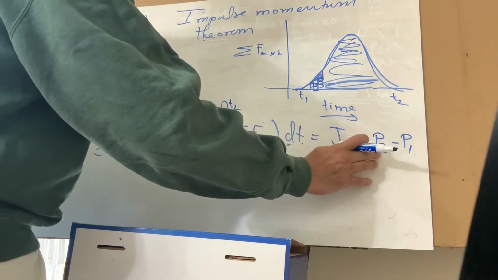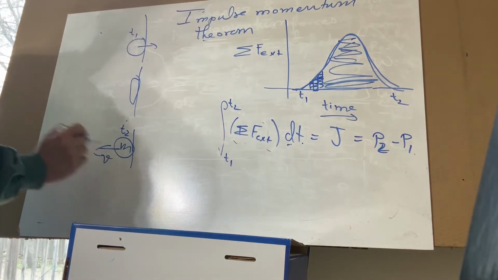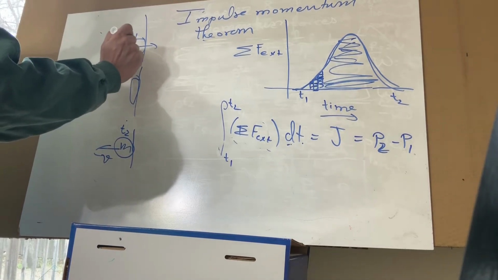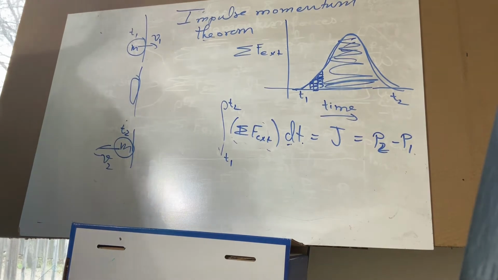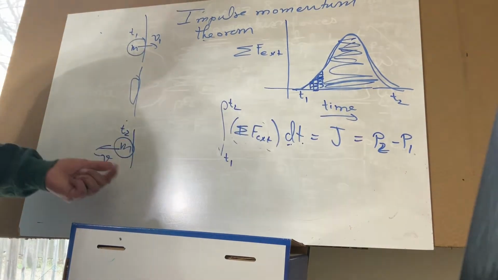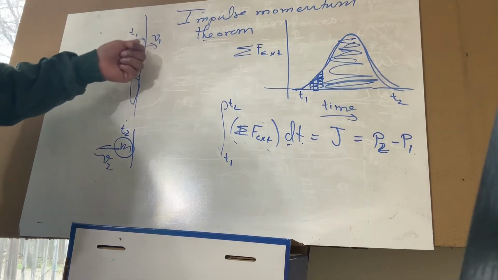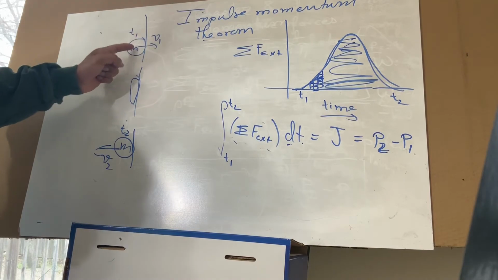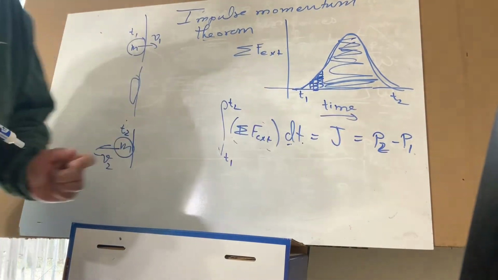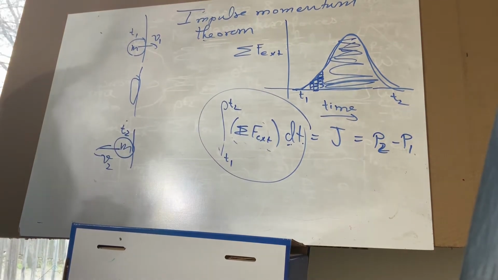I know the mass of the object, and I know the speed before and the speed after. So I can find P2, m times V2, and P1, m times V1. I can multiply the two, get these two numbers, and that will give me this answer.